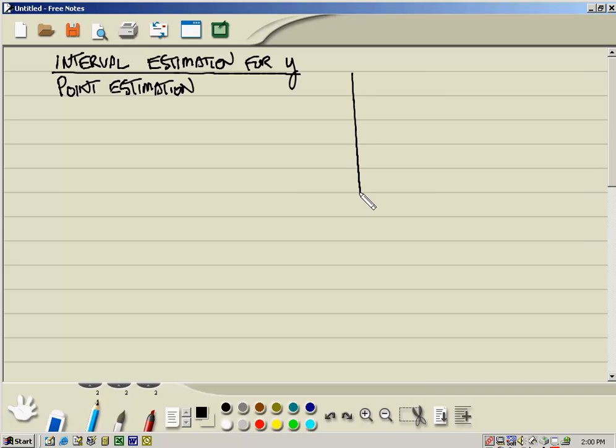you can do it several ways, but one is graphically. Okay, you can have your estimated line, and the question is, what if x is this value? Then what will y be?